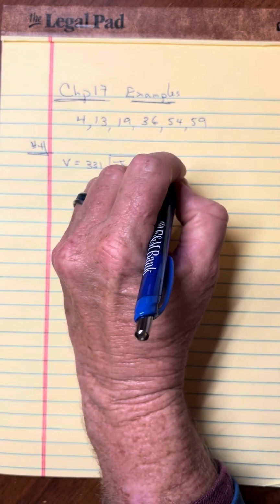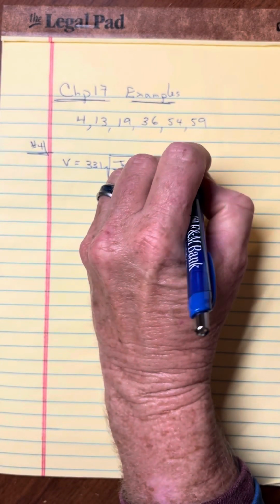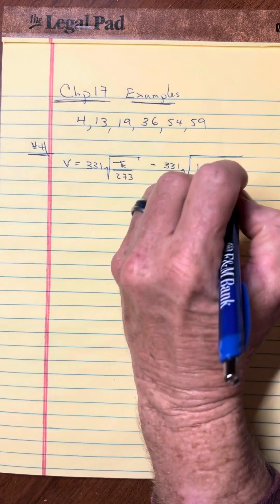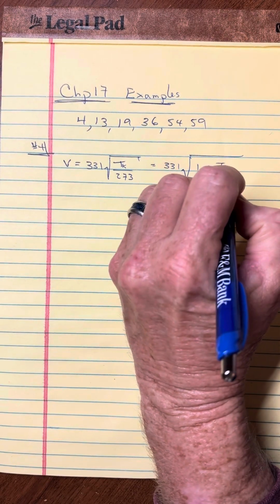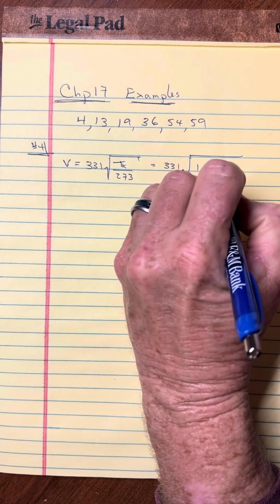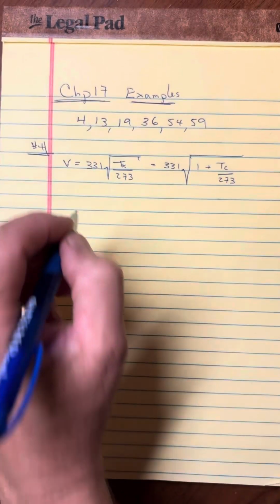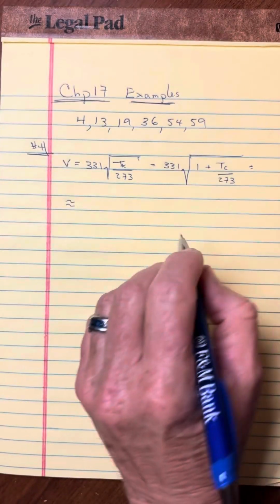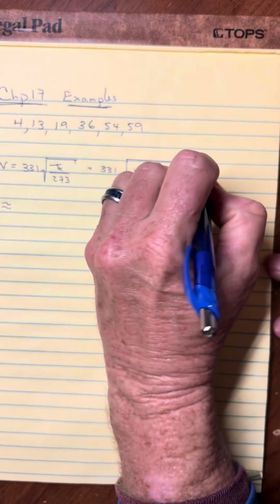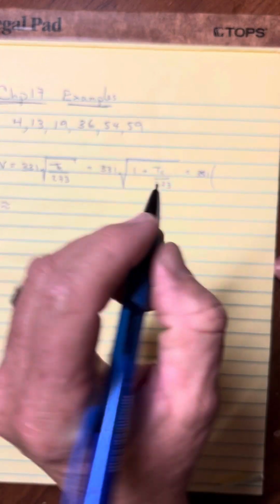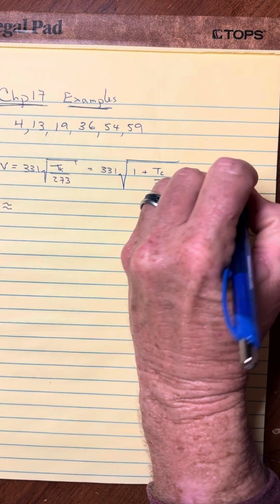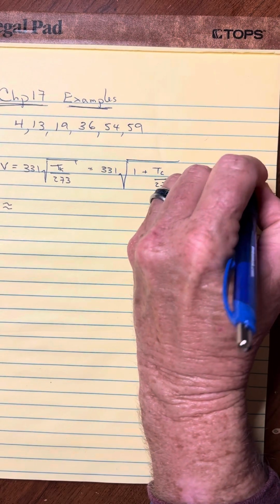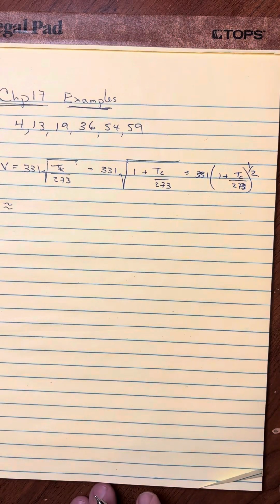And then through a little binomial expansion, or even a Taylor series, however you want to do it, you can show that that comes out to approximately 331 times 1 plus the temperature on the Celsius scale over 273, raised to the 1/2 power.